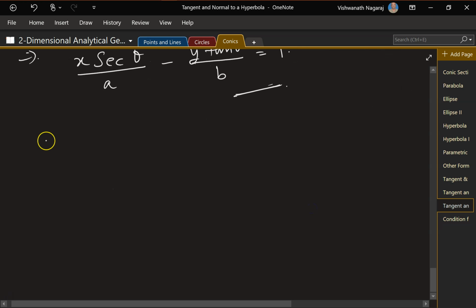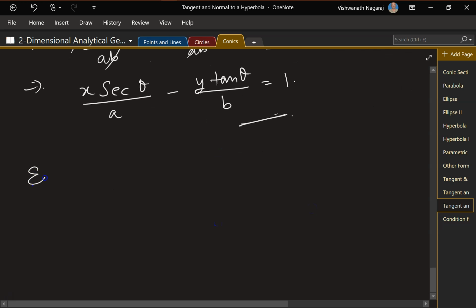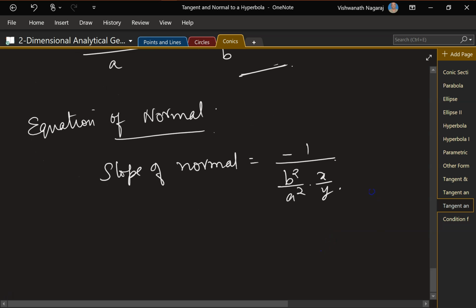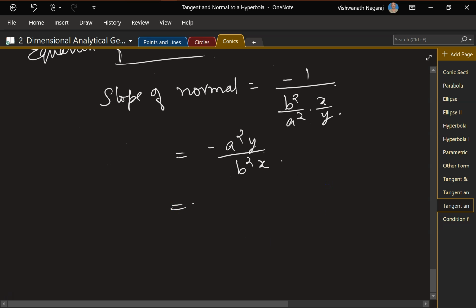Now let's look at the equation of the normal. Slope of normal would be equal to minus 1 by b square x by a square y, which is equal to minus a square y by b square x. Now let's do the substitutions.